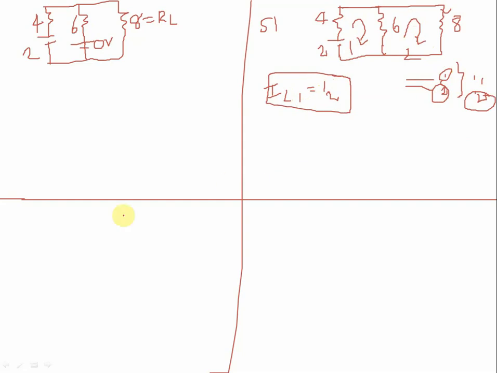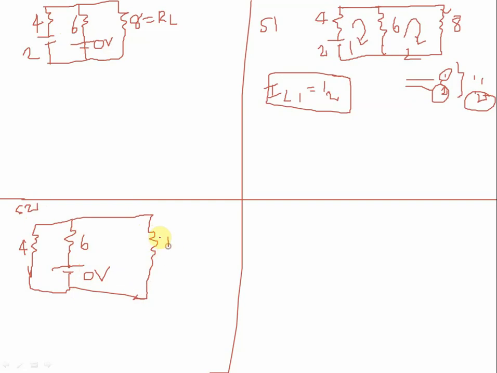In step number 2, the second source is present. What is the second source? The 0 voltage source is present. Then here 4, and here the load resistance 8, which is RL. See, in step 1 source 1 is present and the other source is a closed circuit. In step 2 the second source is present and the other is a closed circuit.